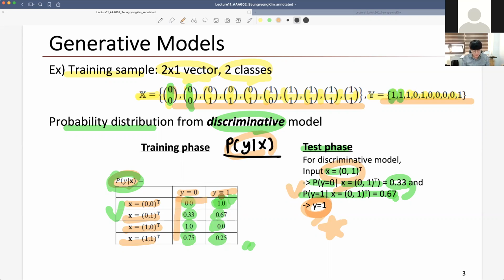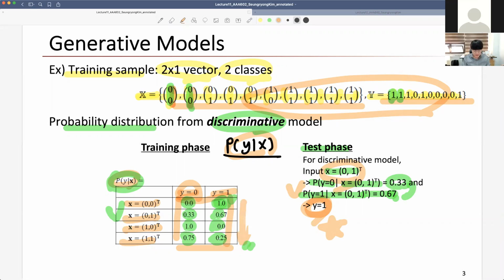We can make this table from this data set, right? It's very easy. For example, for the input data x equal to 0, 0, we can calculate the probability for the y equal to 0 case and the y equal to 1 case, right?